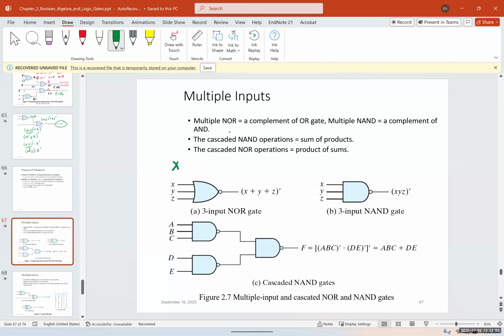For example, here, X plus Y plus Z is the OR gate, and then connected to a NOT gate, which we have here. If I use De Morgan's law, what am I going to have here? I'm going to have X prime, Y prime, Z prime. So I'm going to have the product of sums.